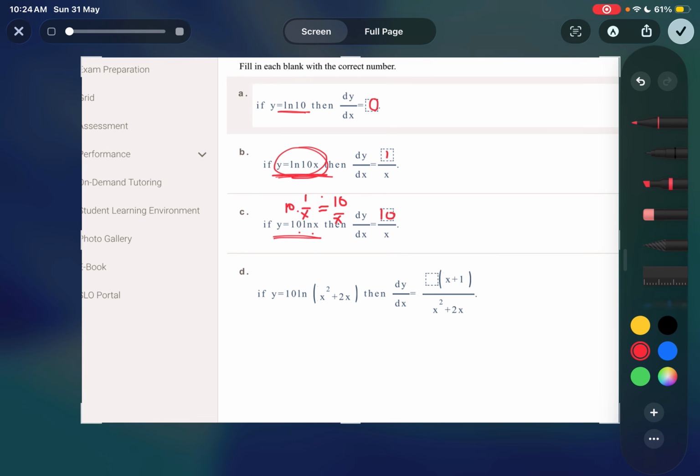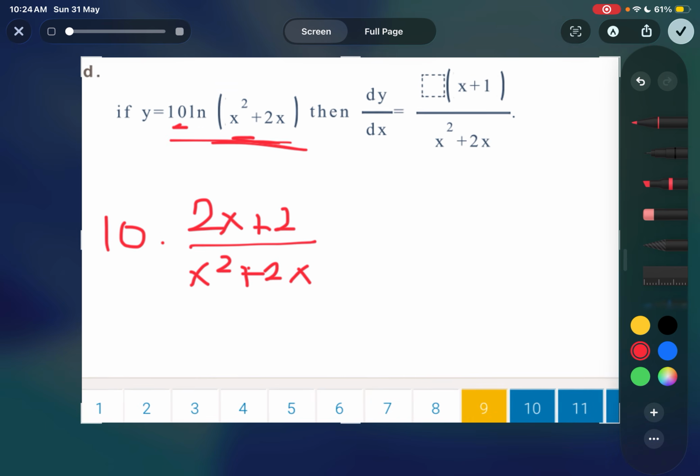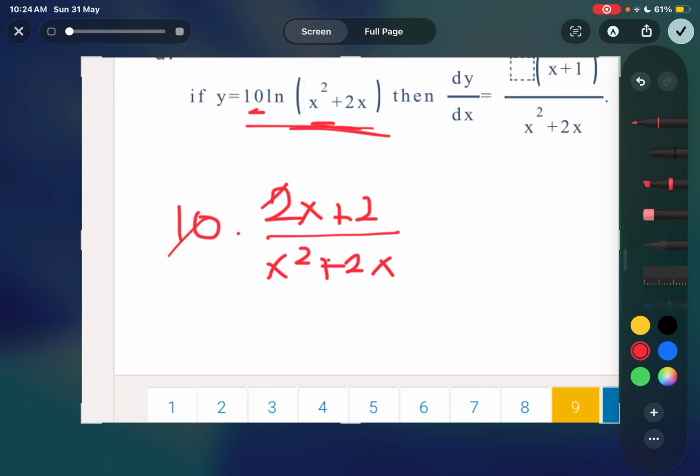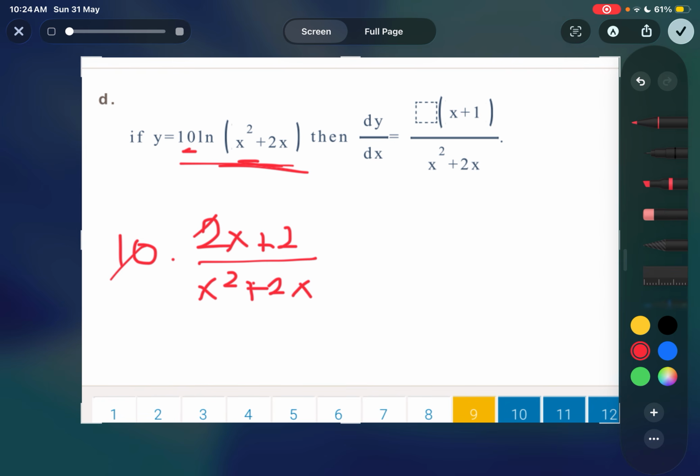And then part D, when you have an expression, it will be u prime over u and then the constant. So 10 times 2x plus 2 over x squared plus 2x.